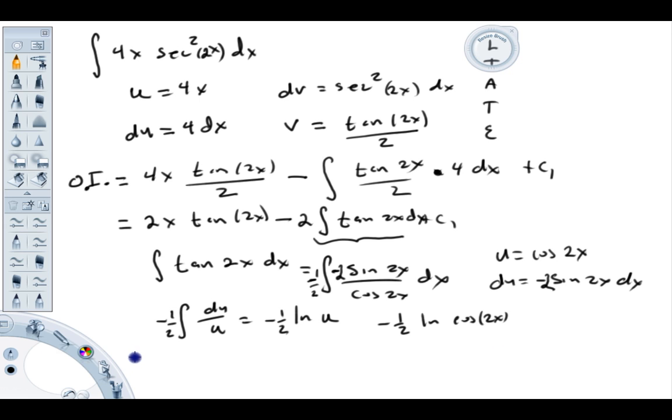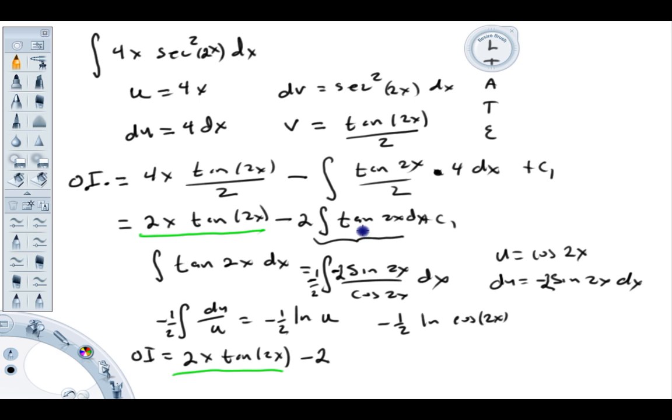So the original integral, OI, is equal to, I look back through my work, 2x tangent of 2x. There's this part. I'm going to go ahead and underline what I just did. Right there. That's now right there.